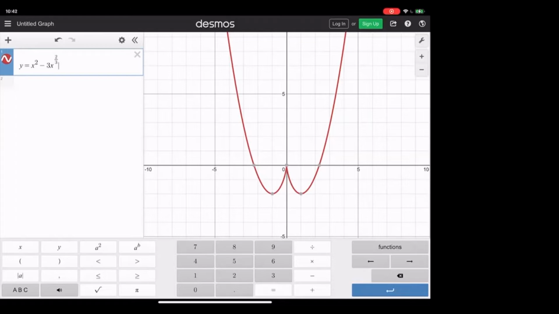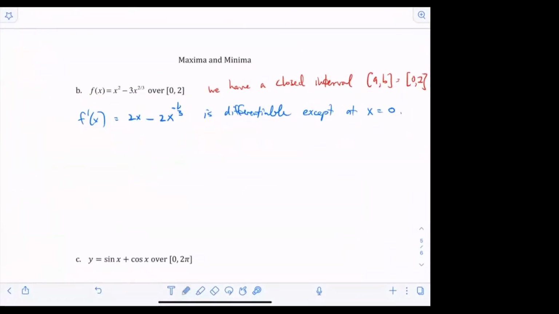We needed it to be continuous. So I guess in this case, I'm saying it's continuous by looking at the graph more than by looking at the derivative. So we can tell it's continuous by looking at the graph.